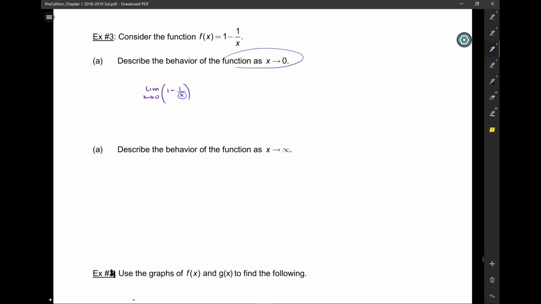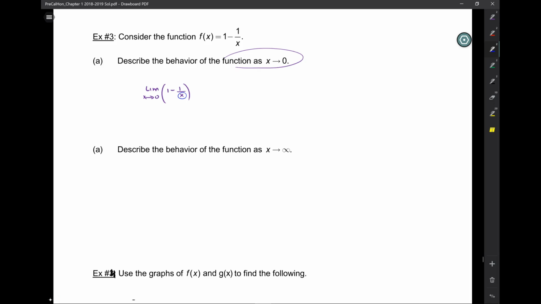How much is each person getting? Close to nothing, right? So what happens as x gets bigger? What's 1 over x going to be? Very, very small, right? Okay, but what happens as x gets very, very small? What happens to 1 over x? It gets very, very big.